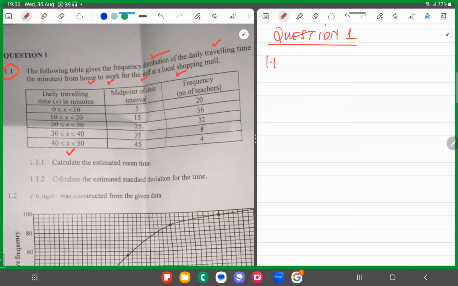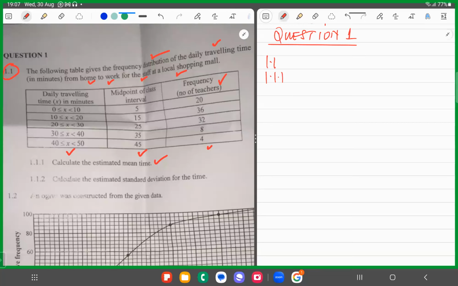Now, the daily traveling time, the midpoint of class interval, the frequency, which is the number of the teachers. If you look at 1.1.1, calculate the estimated mean time.